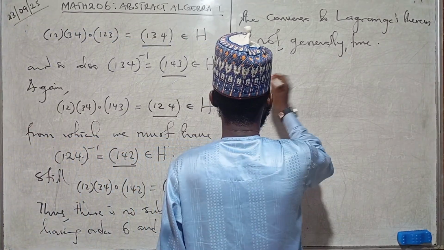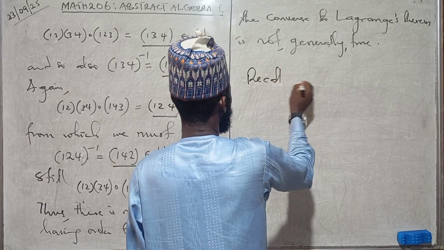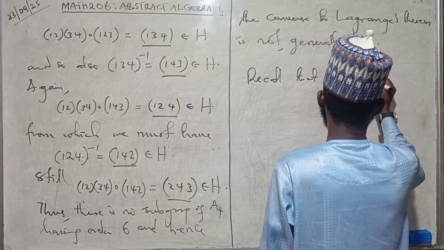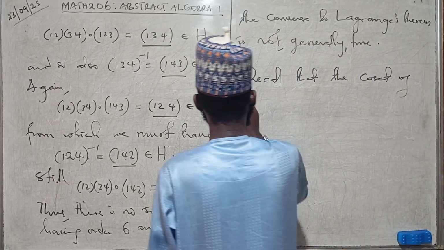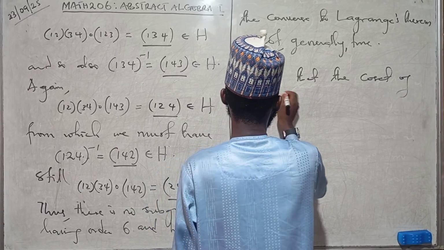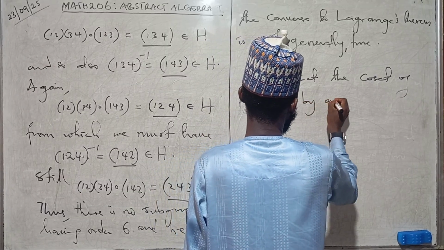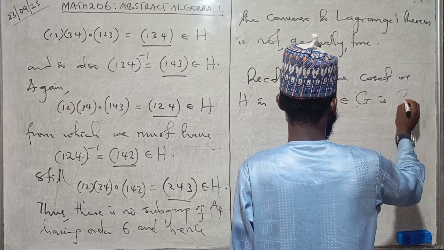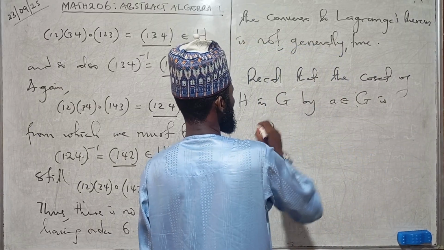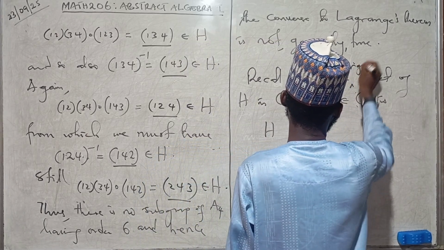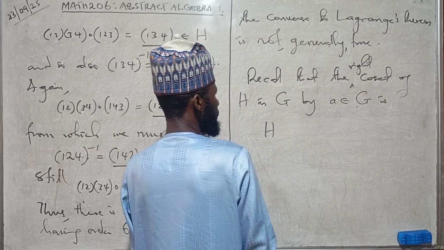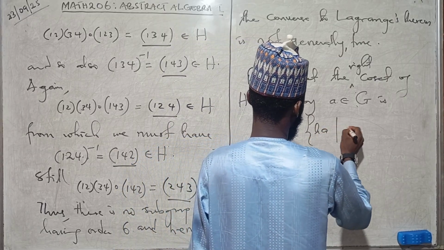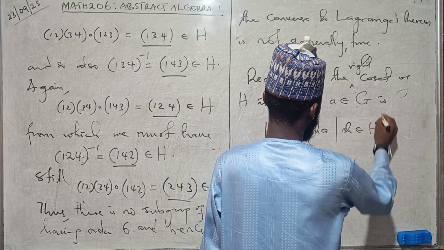So we recall that the coset of H, now a subgroup H in G generated by an element a in G, is this set. And here we can talk about right coset. So it's this set Ha, which is the set of all ha such that h is in H.